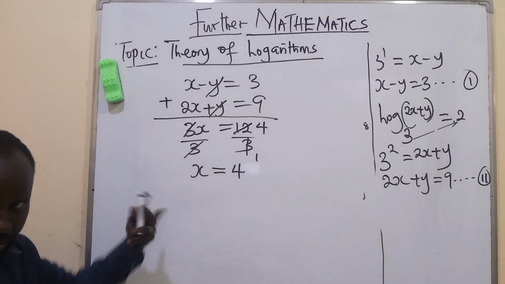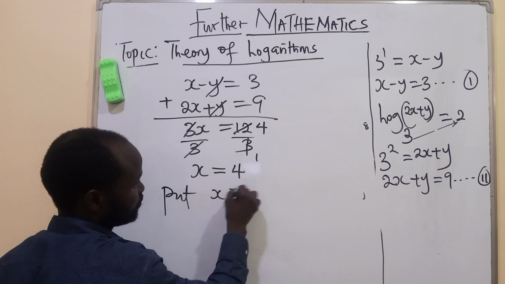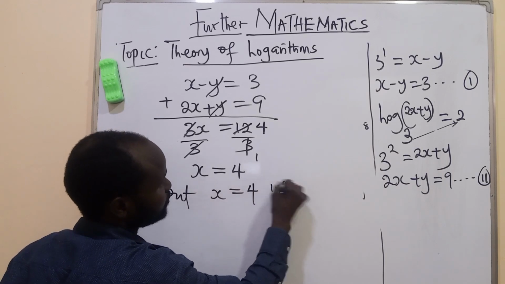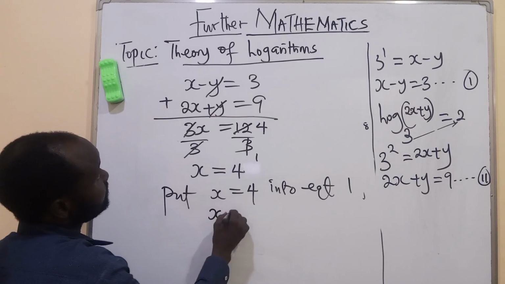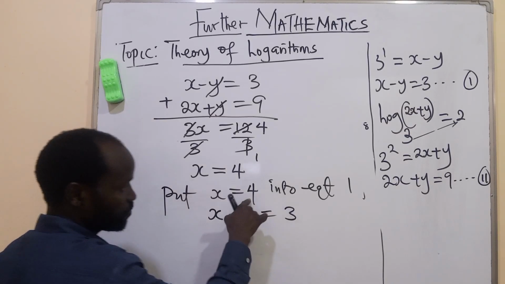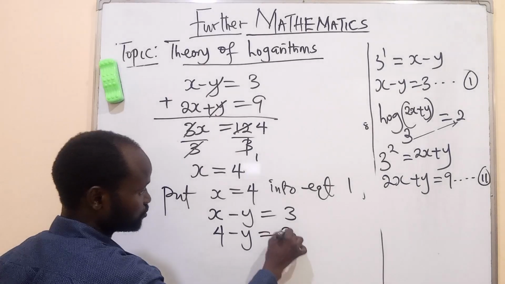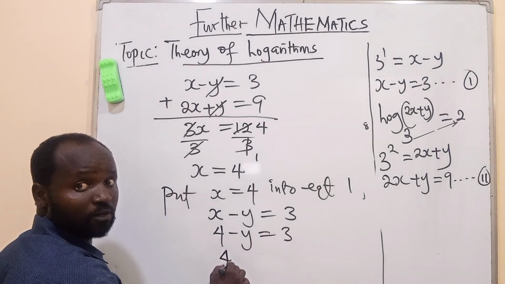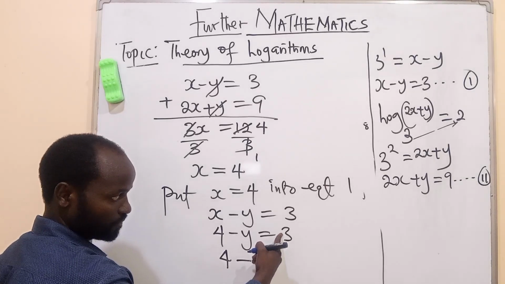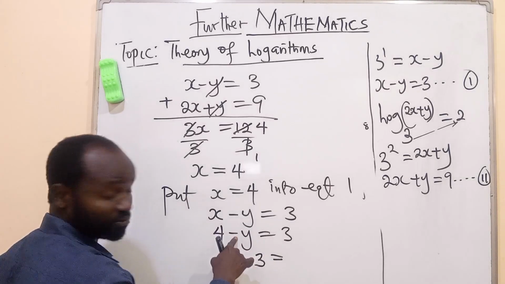How do we find y? It's very easy. We put x equals 4 into equation 1, which is x minus y equals 3. Anywhere we see x, we put 4. That will be 4 minus y equals 3. Let's make y the subject of the formula. 4 minus 3, when you cross the equal sign, becomes minus 3, equals minus y.